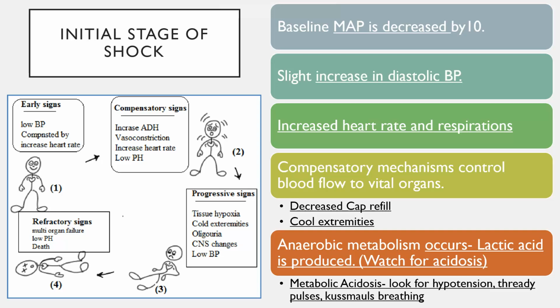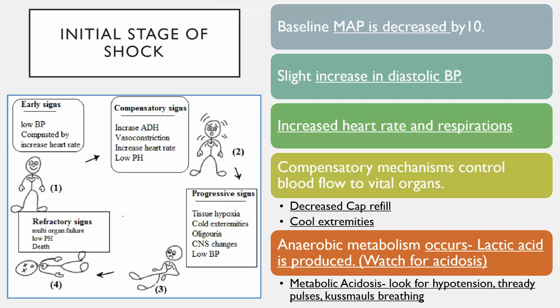Baseline MAP, so initial stage of shock. Baseline mean arterial pressure is decreased by 10. So we see things starting to drop, some hypotension, some vasodilation. We're going to see a slight increase in diastolic blood pressure, that narrowing pulse pressure. Increased heart rate and respirations. The heart is going to try and compensate, and so are the lungs.